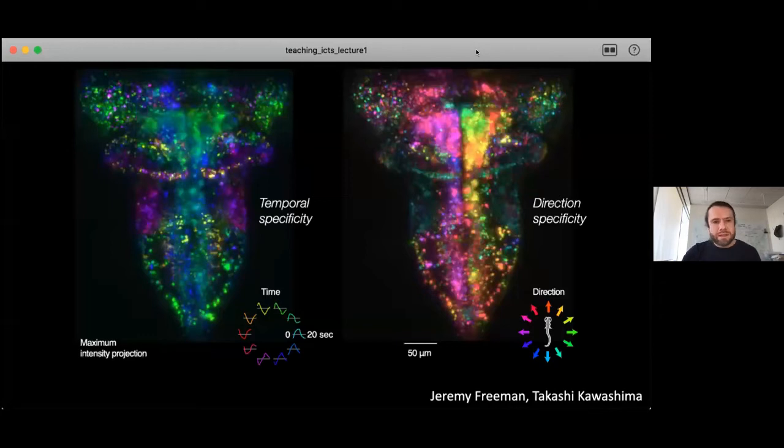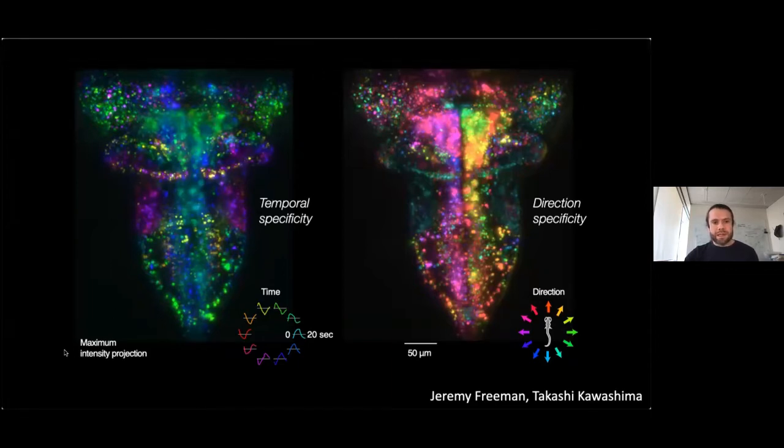So what you see here is the data projected onto the first principal components, and this is a maximum intensity projection from the top. You take the first principal components and you color code the coefficients in an angular representation. For every voxel in this data, you can interpret the projection onto PC1 and PC2 as coordinates.